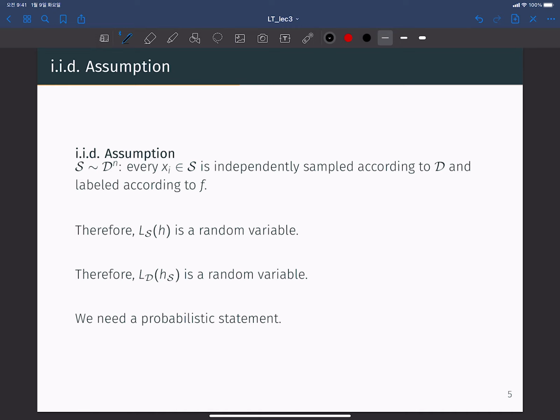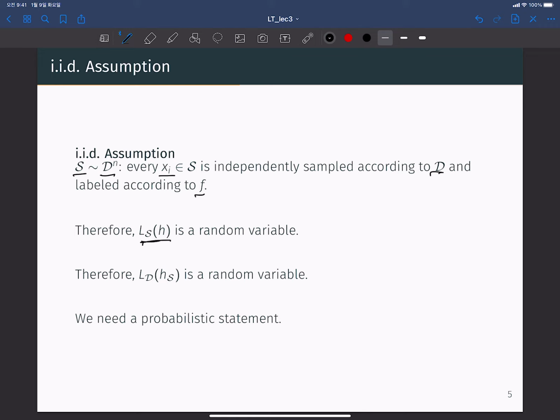What is the IID assumption? Basically, the training data is randomly sampled from the data generation distribution D independently and identically. So every xi is independently sampled according to the distribution D, and each corresponding label comes from the true function f. Okay, therefore L_S(h) is a random variable.